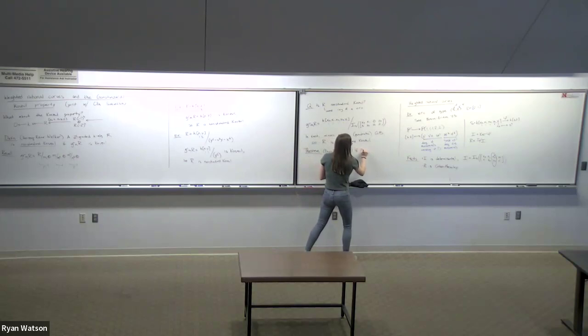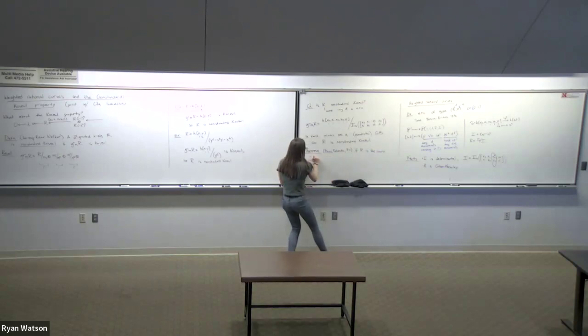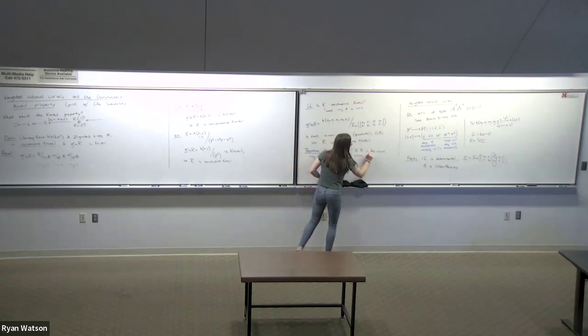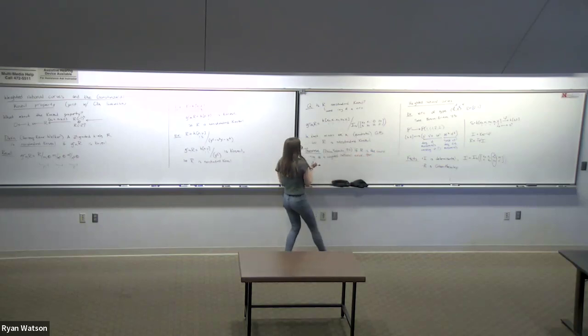So if R is the coordinate ring of a weighted rational curve, then all of these facts hold.